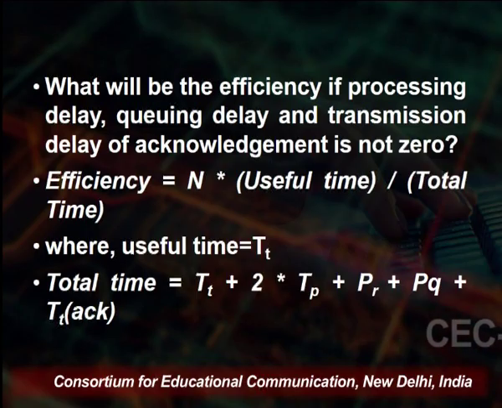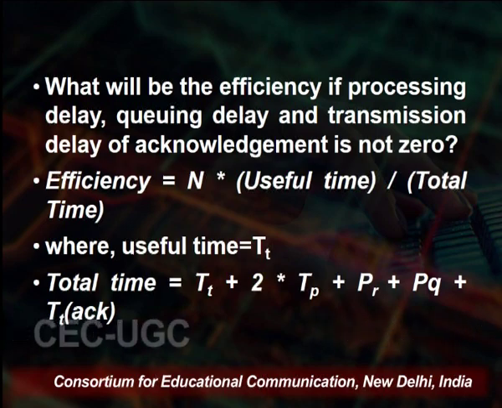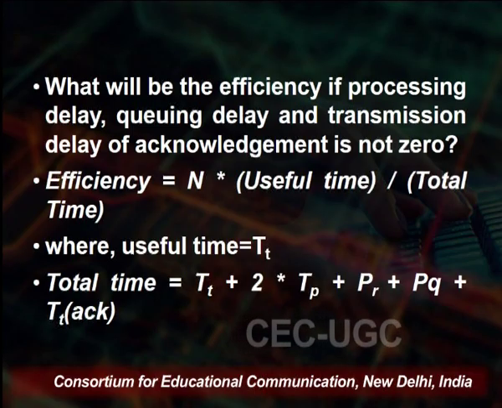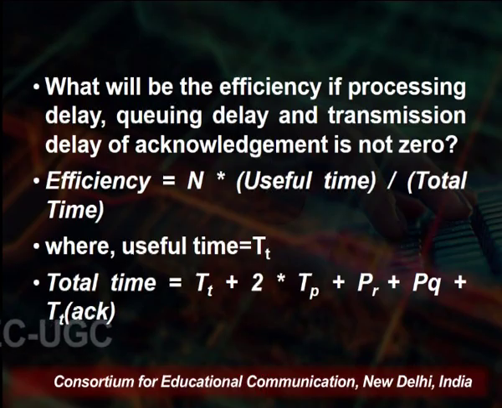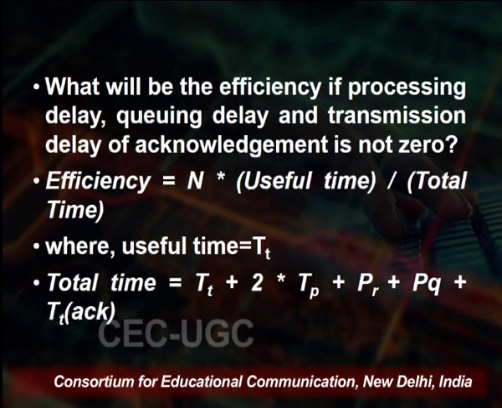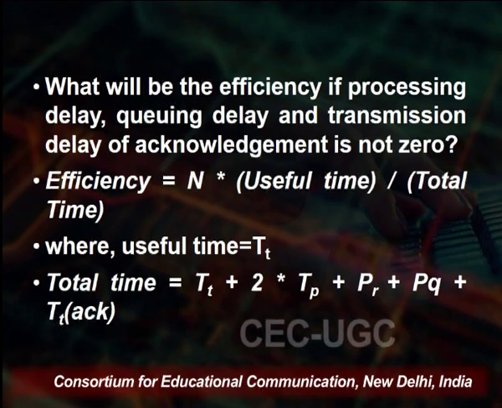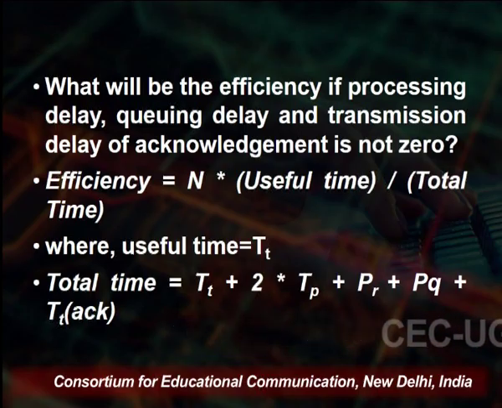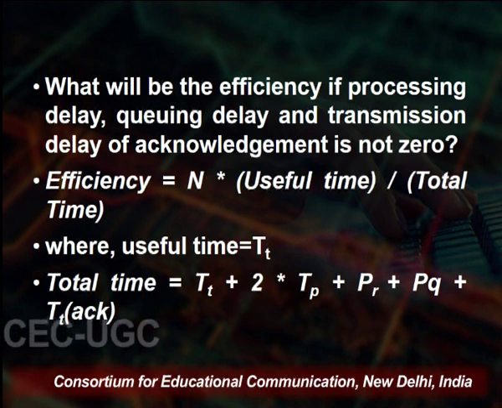Useful time here is T_T, and the total time is T_T plus 2 times T_P because of propagation, plus P_R plus P_Q, plus the time utilized for acknowledgement.